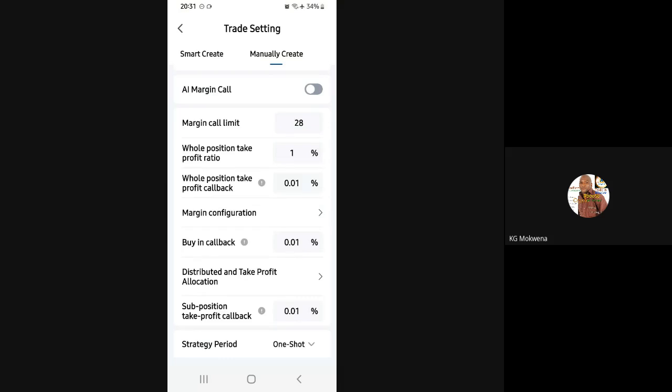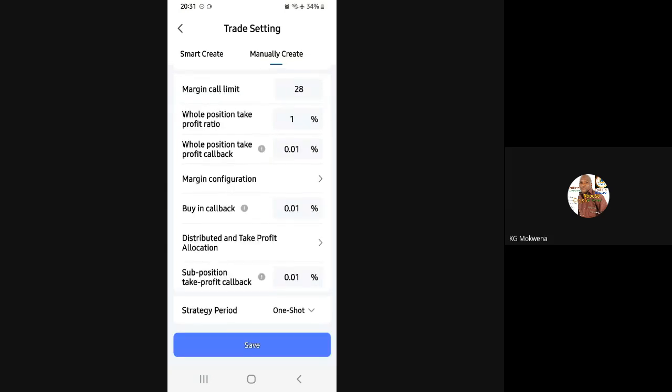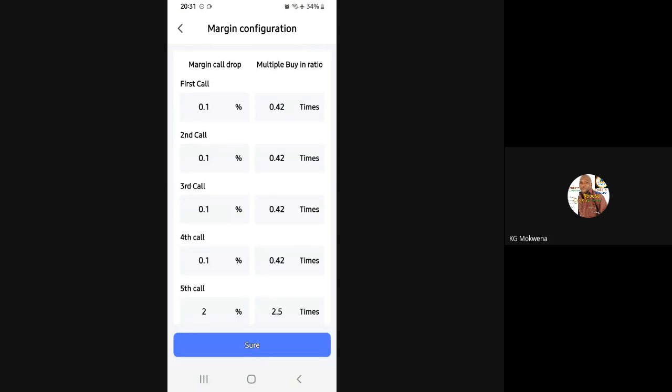And then let's go to margin configuration, so that days don't go by without activity. Margin configuration. Yes. So from position, it's okay.